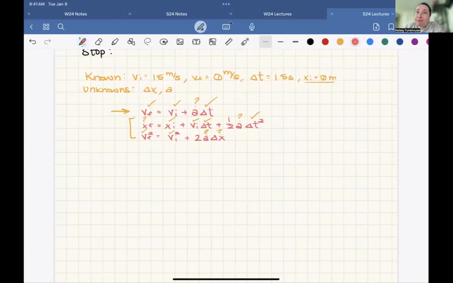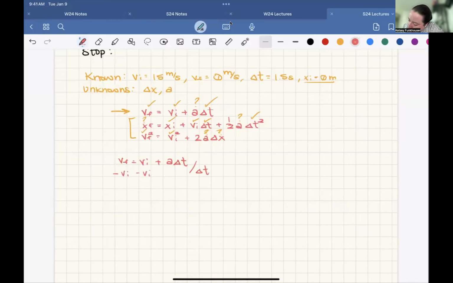We're going to take this equation, V final equals V initial plus A delta T, and we're going to solve for A. That is going to look like subtracting the initial velocity from both sides, and then also dividing the time interval on both sides.